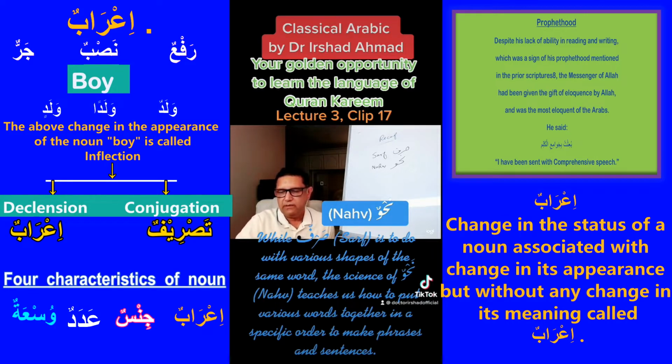The science of nahw is learning how to put words together. So how to put words together in a sentence to fit in a specific scenario, just like putting various pieces of a jigsaw together in a specific format.